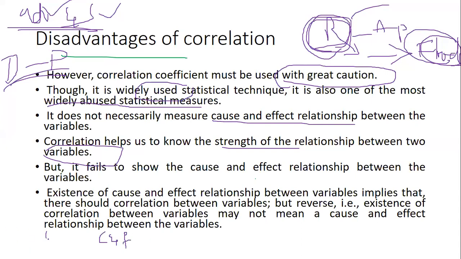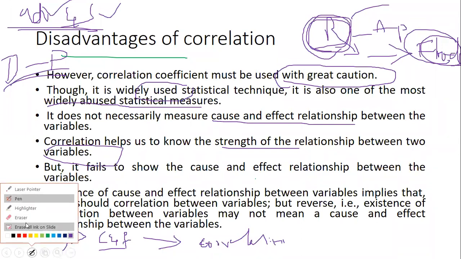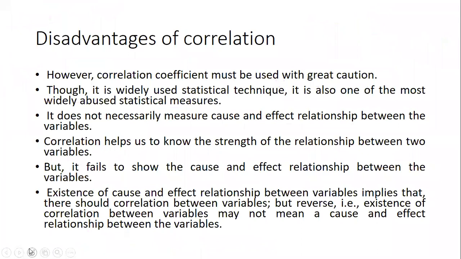Let's say like this: correlation does not always mean cause and effect, but if there is cause and effect, there is correlation. Hope you all are able to understand. So that is what they try to explain to us in the disadvantages of correlation.